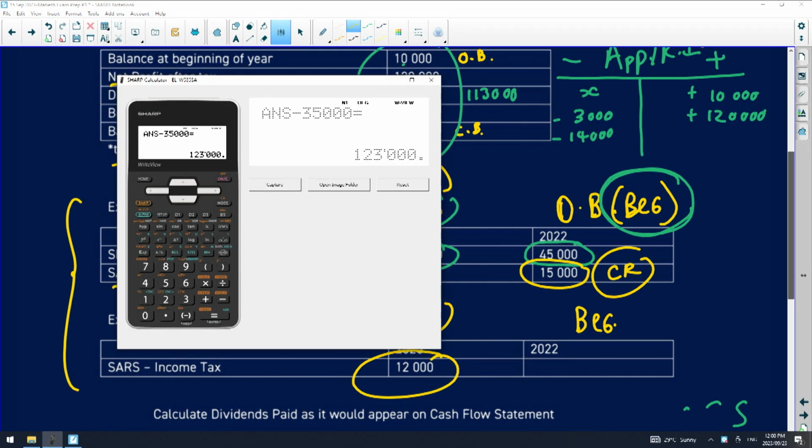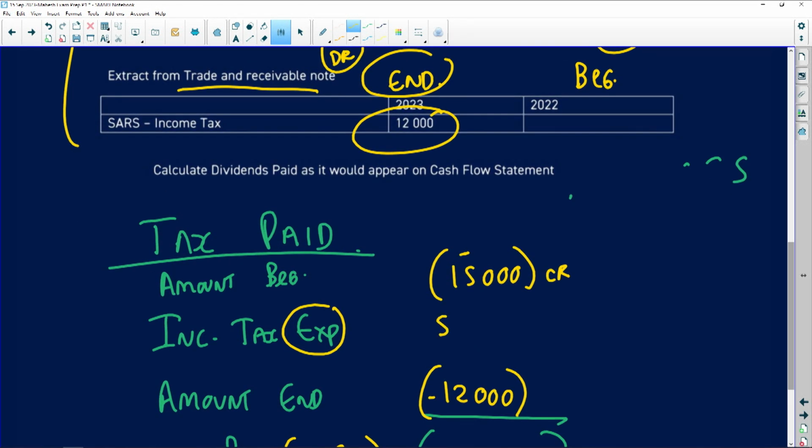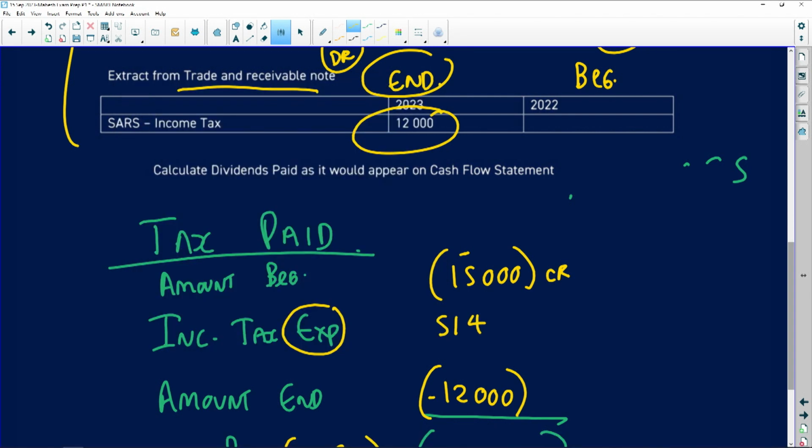So 120,000, so 120 times, I want 30% divided by, I have 70%, and the amount of tax, let's just change that, there we go, 51,428. I'm just going to round off to the nearest rand, so 51,428 is my tax expense for the year. Let's pull that out again, 51,428.